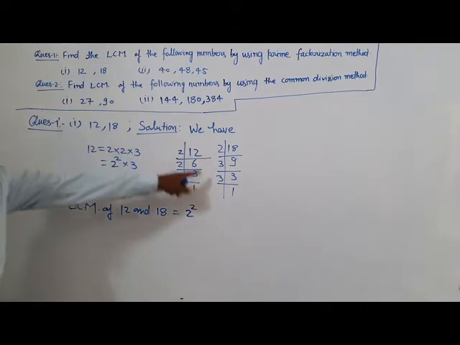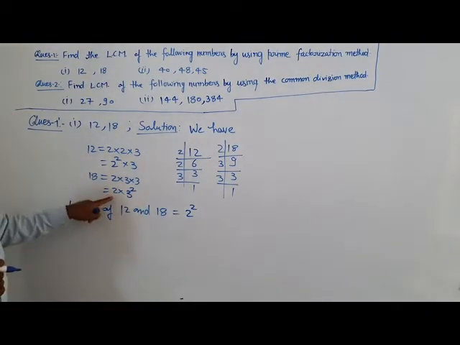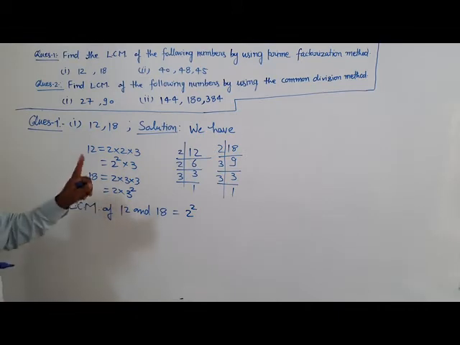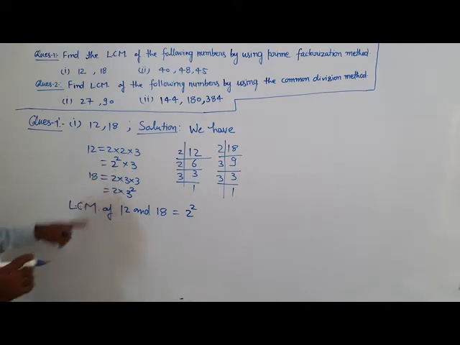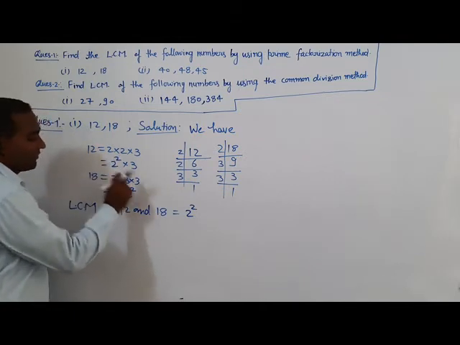Because in prime factorization you take the highest power, here the power of 2 is 2 and here the power of 2 is 1, so we take the highest power.